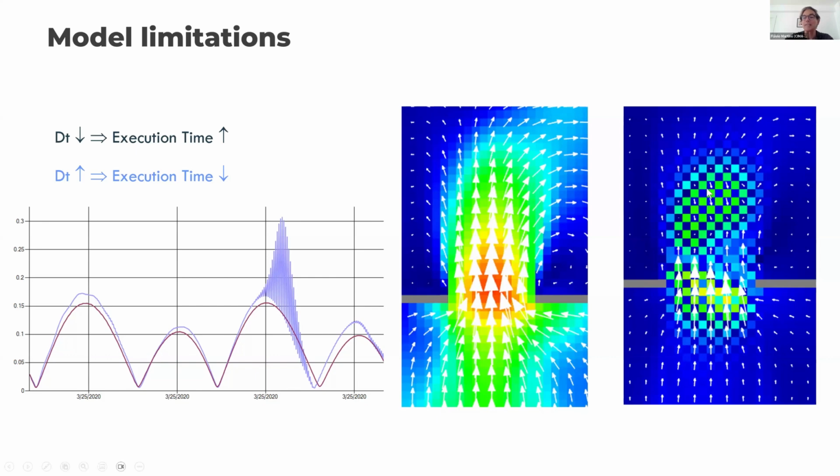And this chess pattern is very typical of a model that has instabilized, okay? So whenever you see this, you know your model is getting unstable, okay? And it's unstable because the neighbors in the old time step are too far away from reality, okay? So this is a limitation of our model, okay? So we must always be trying to control the stability of the model, okay?